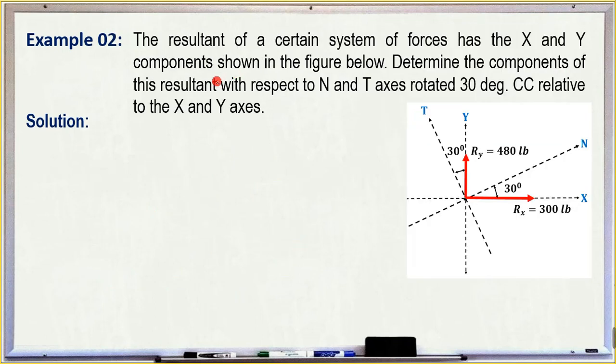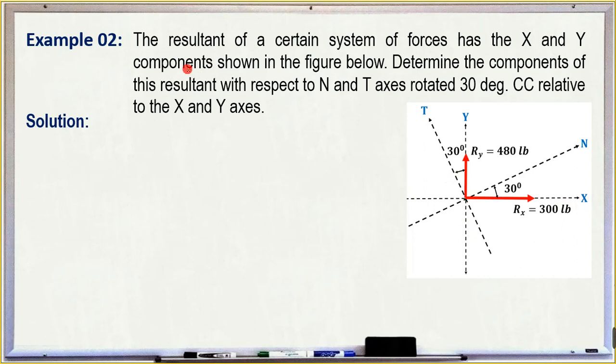So for the second example, these are problems where you resolve forces along a certain axis, or along a new axis. So in this problem, we have an existing axis labeled as x and y axis.